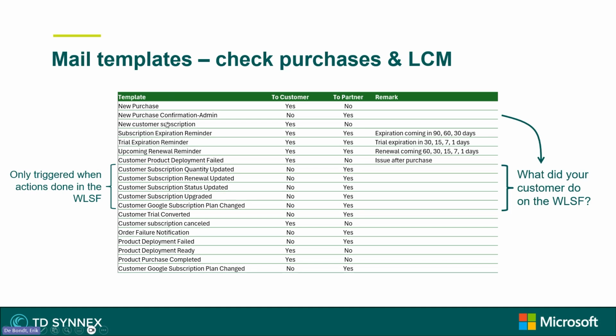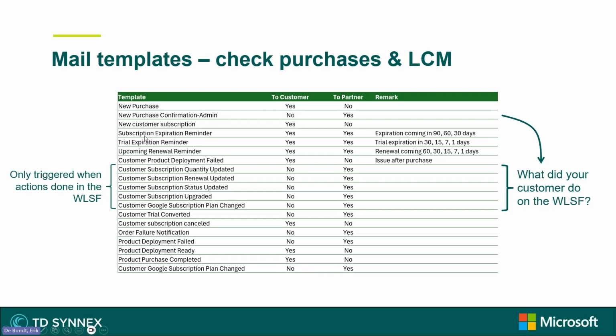So the new purchase, but also the customer subscription, the renewal, the status, the upgrades, and the customer Google subscription plan changed. So those templates are done when the customer takes action on the white label storefront. So everything will change with customer basically.